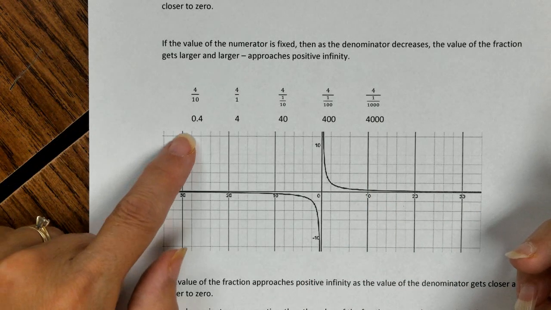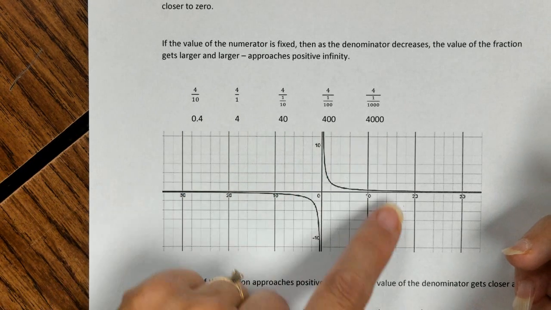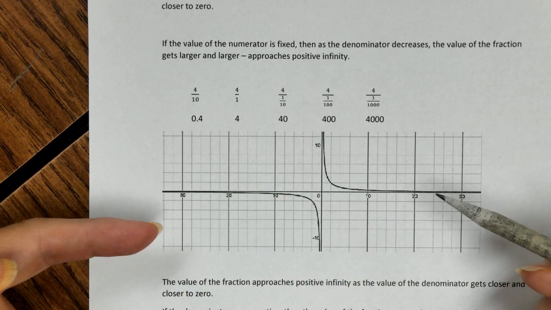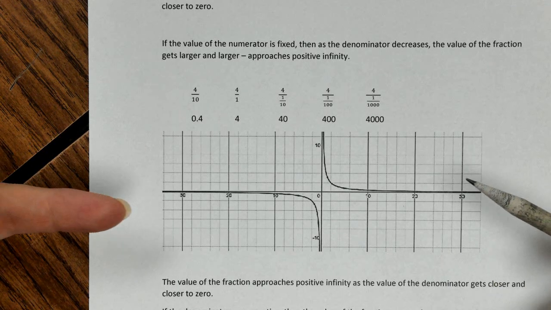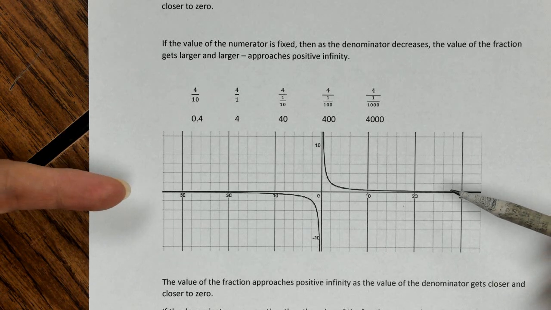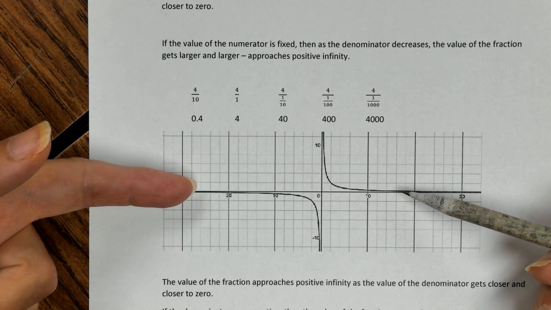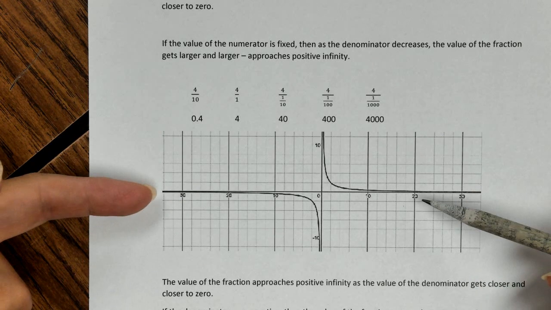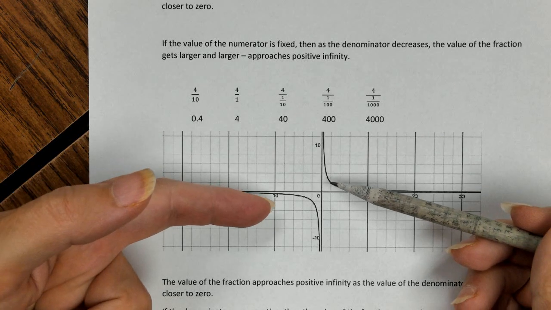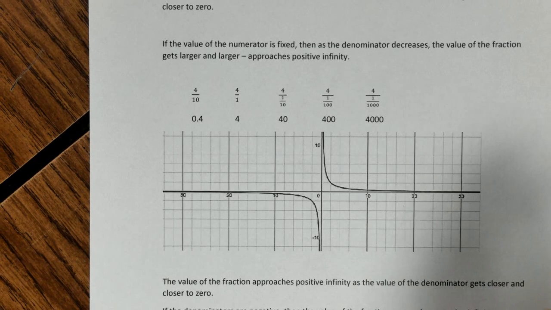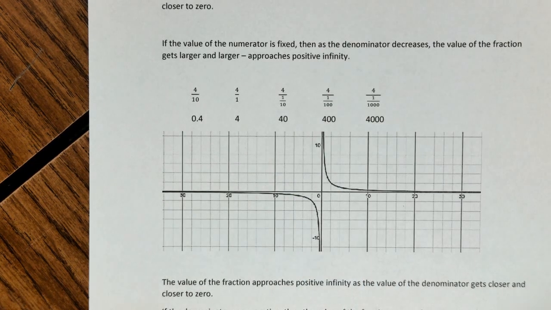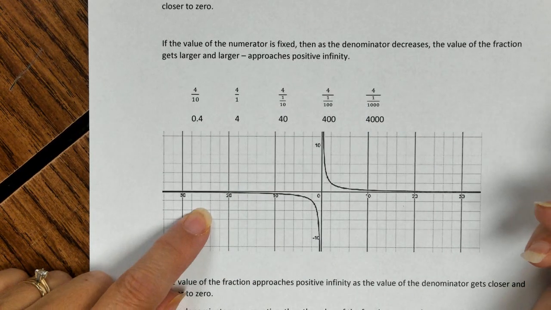Your value is getting larger and larger. And here, this is one of those reciprocal functions. As you're getting in here for your x being the denominator, closer and closer to 0, it's approaching infinity. It's swooping up or way down after coming from the negative side.